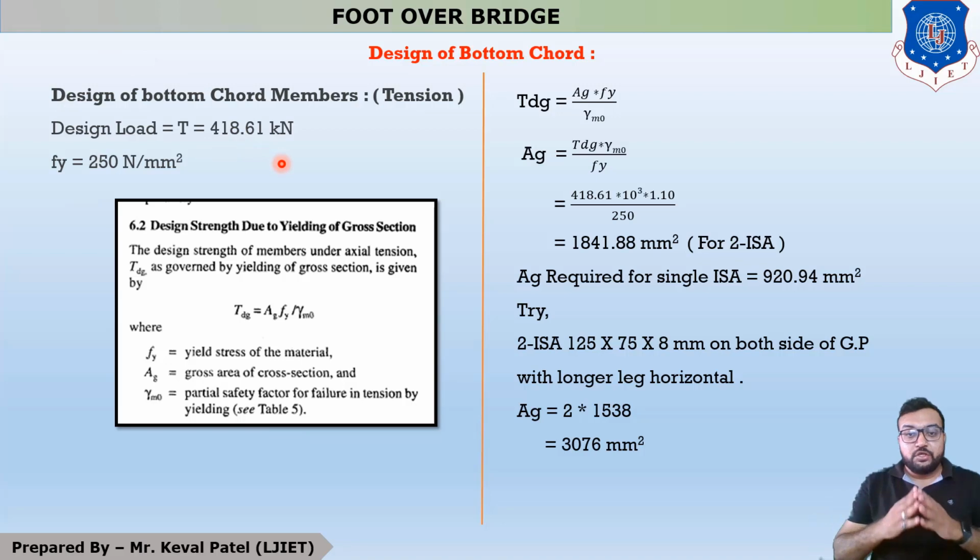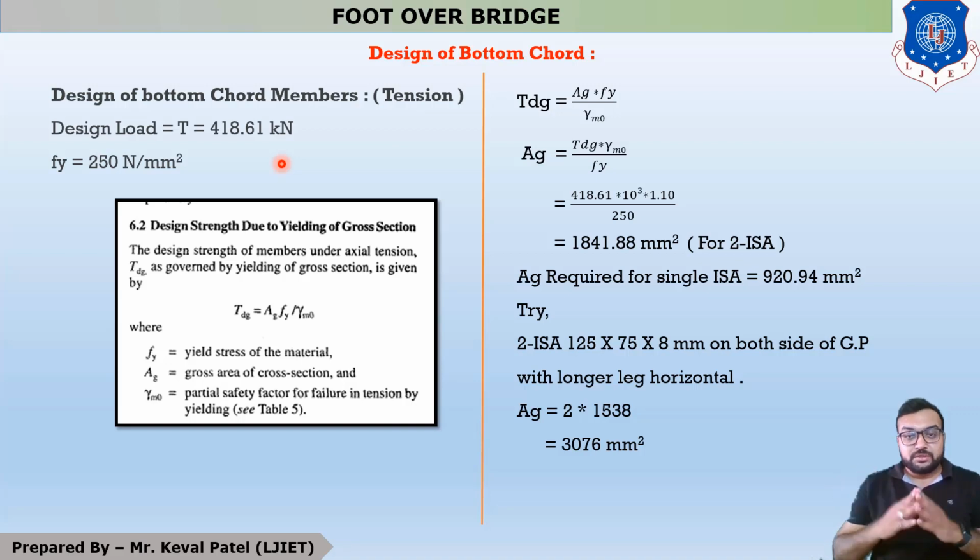It means you have to design the bottom chord for the maximum value, 418.61 kilonewton. Now it is already discussed that the design of the bottom chord is as per a tension member. So all the students move to page number 32, in which there is section number 6, referred to as design for tension member.